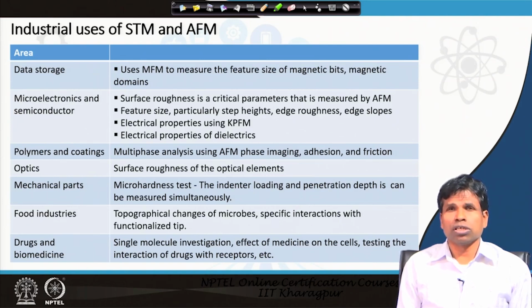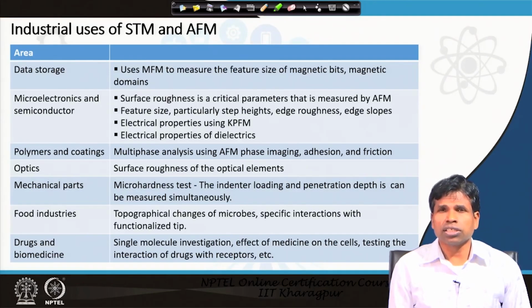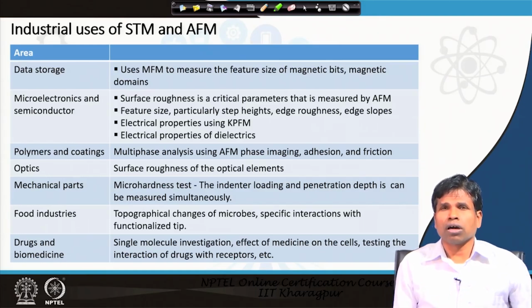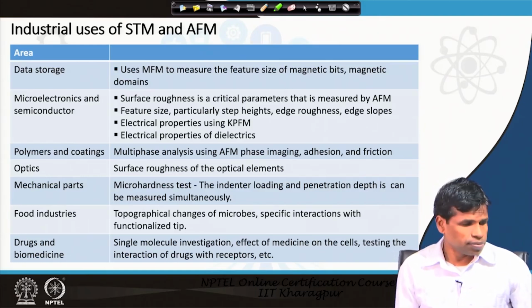It can also be used in the medicine and drug industry to study single molecules and the effect of medicine on cells, how the cell shape and morphology change with time due to the effect of the medicine.